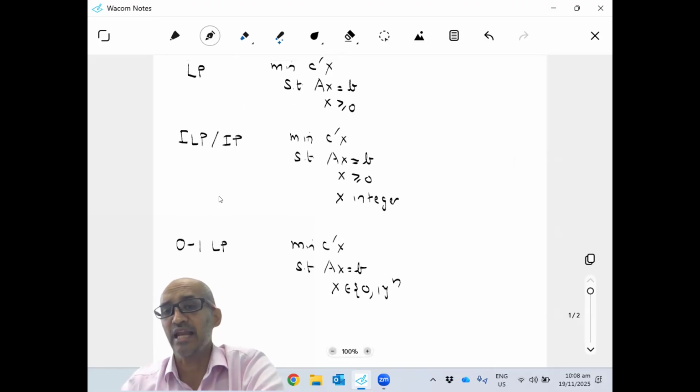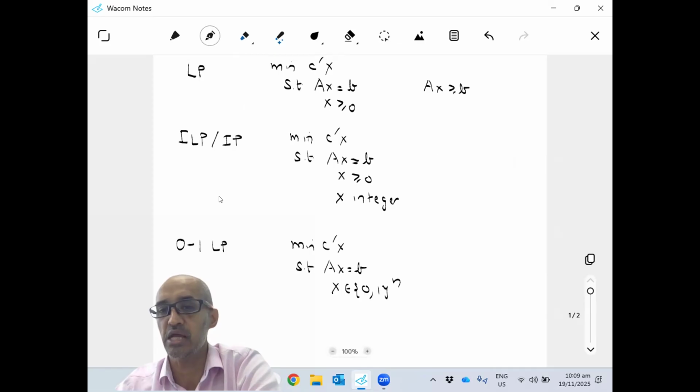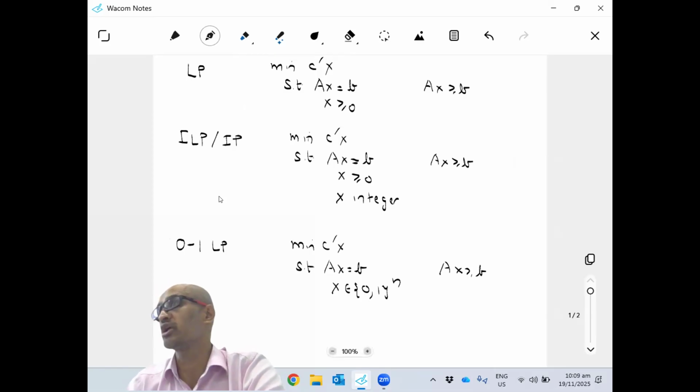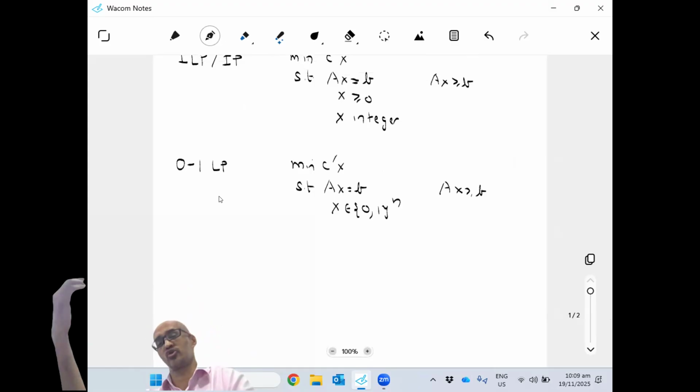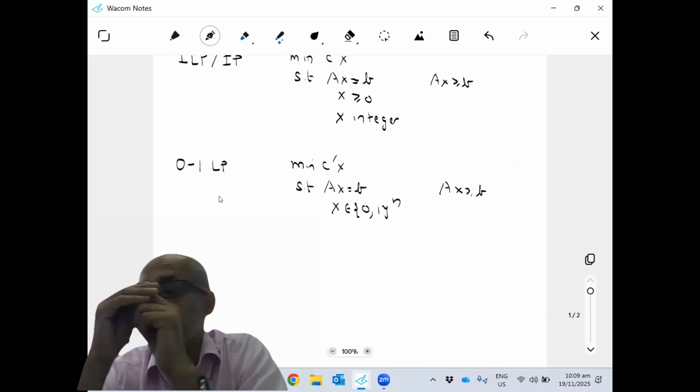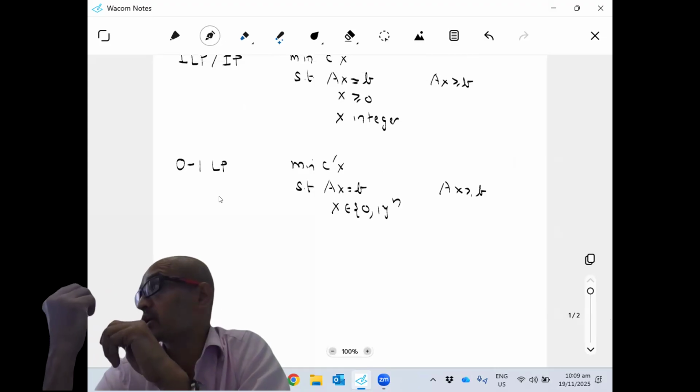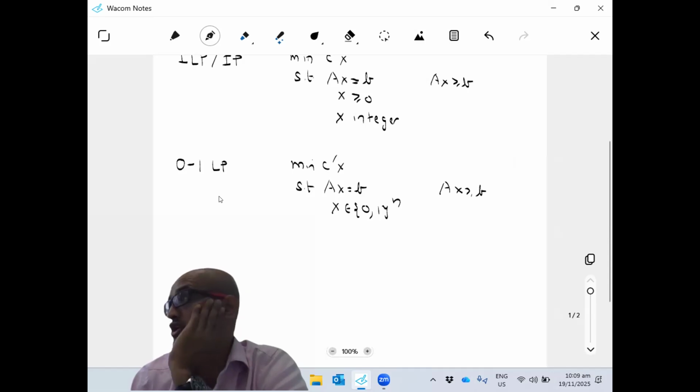And again, I can have AX equal to B, but we can always have inequality constraints too. We can have constraints like AX greater than or equal to B, or less than or equal to, it really doesn't matter. We can have any type of linear inequality constraints, but we have essentially X taking only binary values. So every vector X is a binary vector. So this is a subclass of integer linear programs.